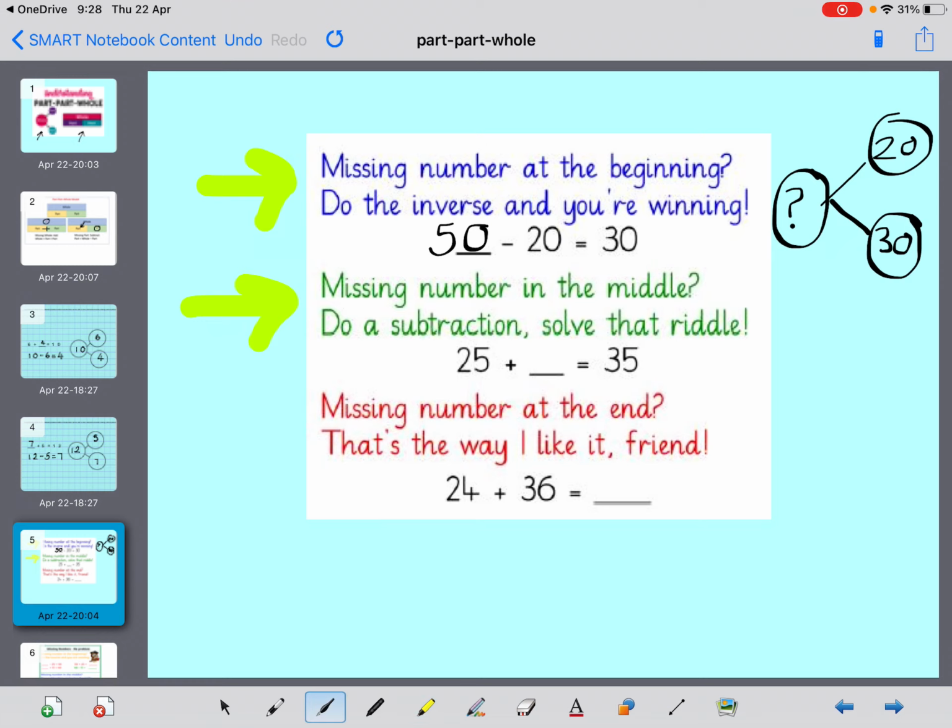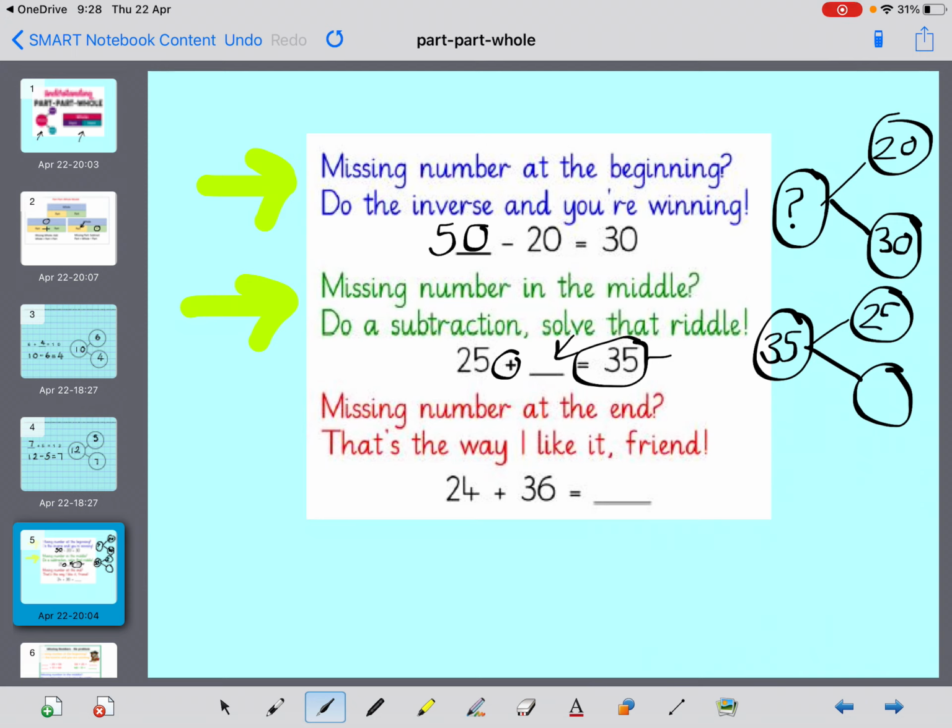So again, this is an adding sentence, but it says if the missing number is in the middle, I can do a subtraction to solve that riddle. So showing you with my part whole, my whole number is 35. One of my parts is 25. So I can do a subtraction.